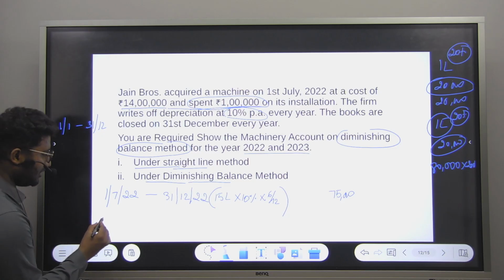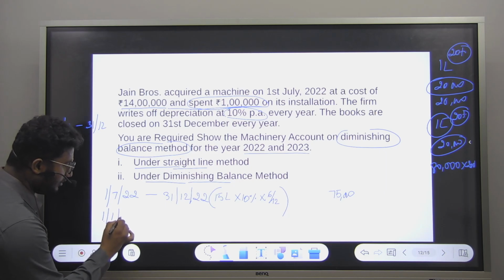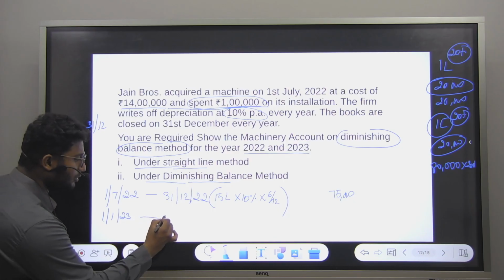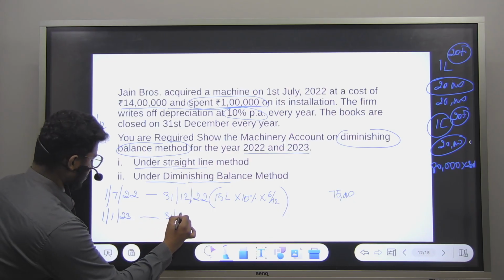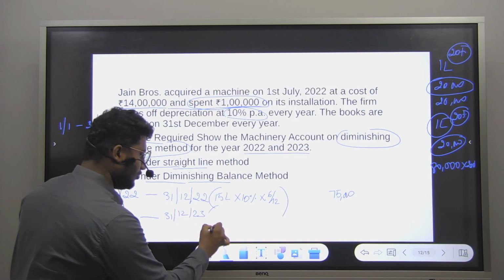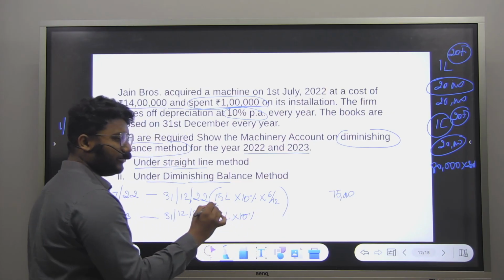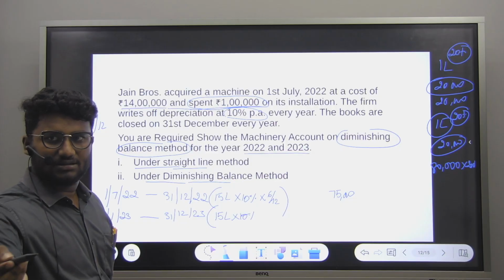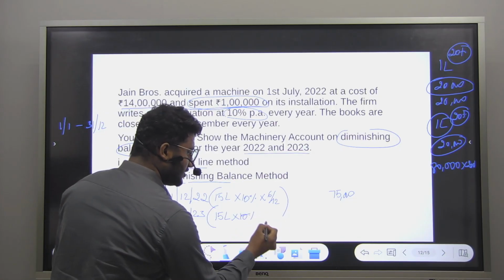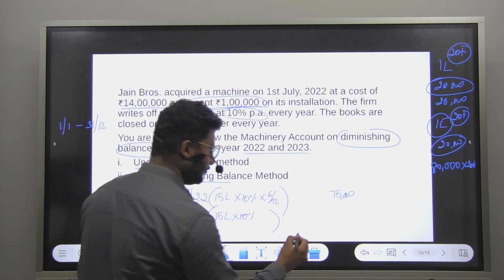Okay, in the next year, that starts from 1/1/23 to 31st December 23. How much? 15 lakh into 10%. Here we will calculate for all the 12 months because we have used that. How much? 1,50,000.